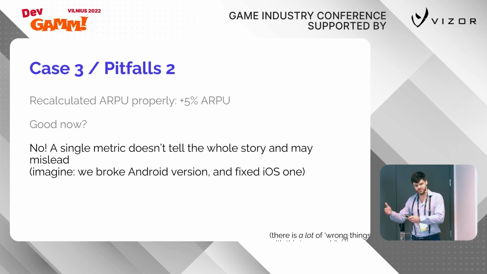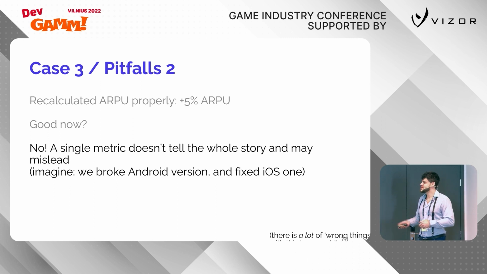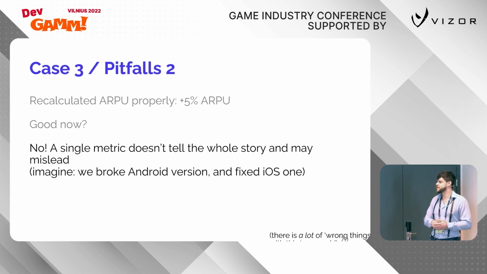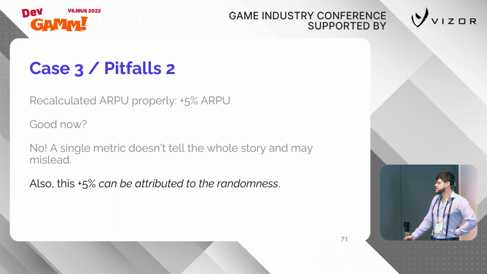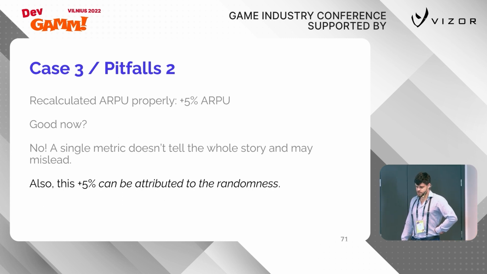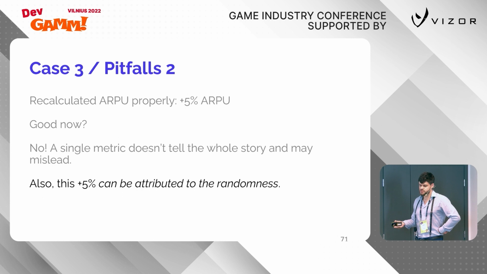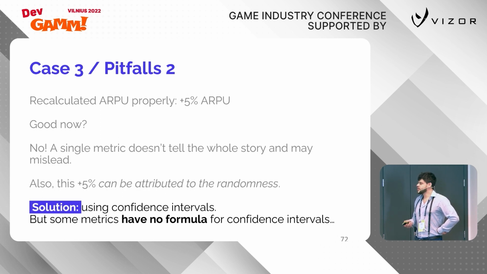And iOS players usually pay more, and because of that, we may see this metric increase. But actually, we haven't changed anything in terms of gameplay quality. But yeah, as I said, this 5% also can be attributed to pure randomness, and this is the problem we can tackle now.